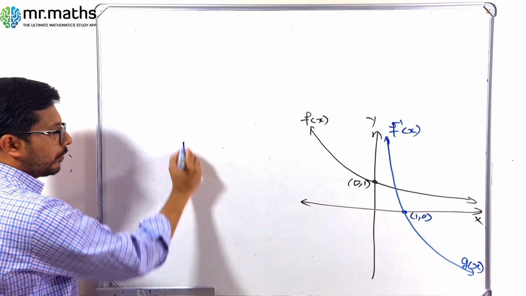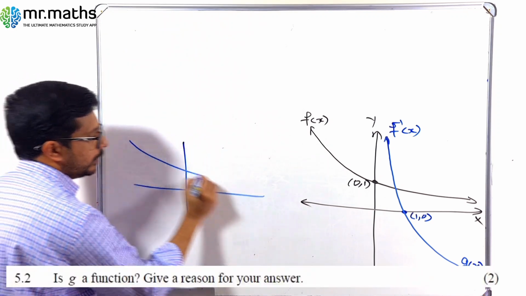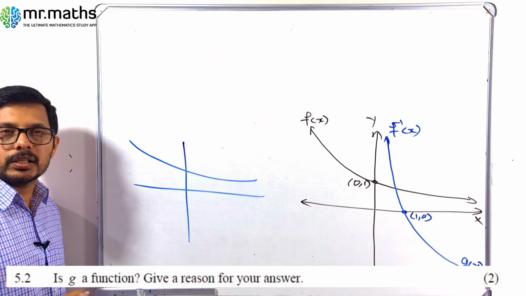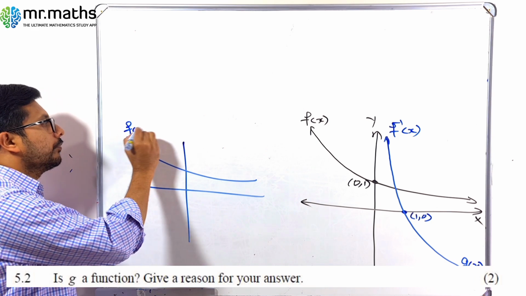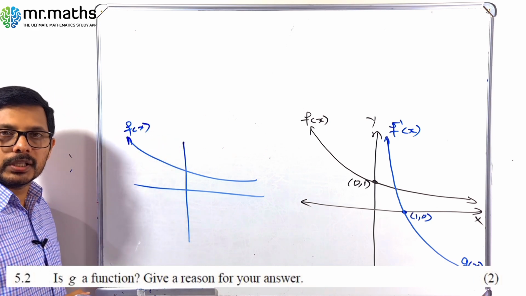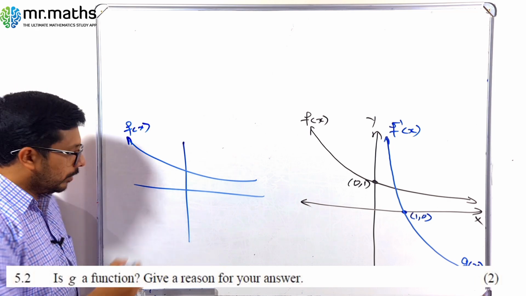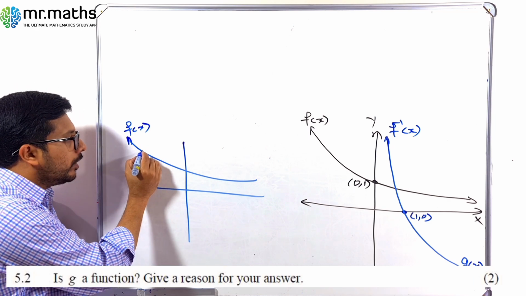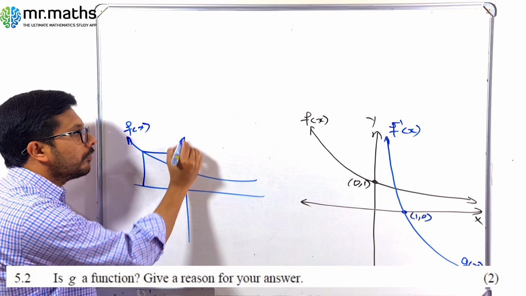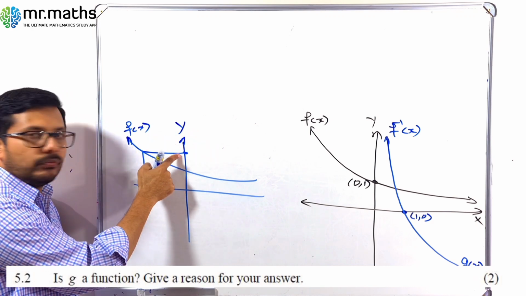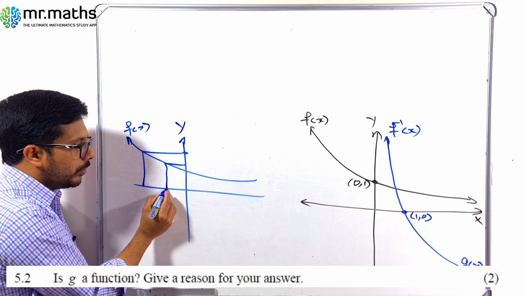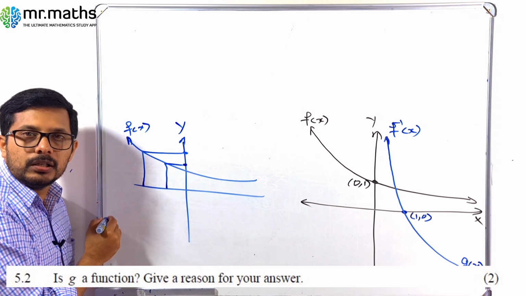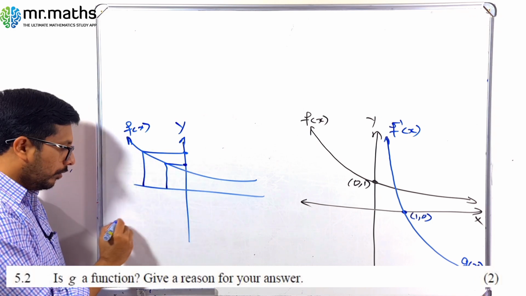For an f of x graph like this, how can you say that this one is a function or not? For a normal f of x graph, for every x value, only one y value. If I take any one x value here, I am getting only one y value.